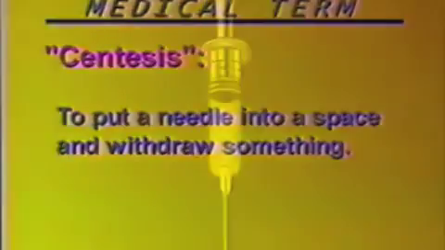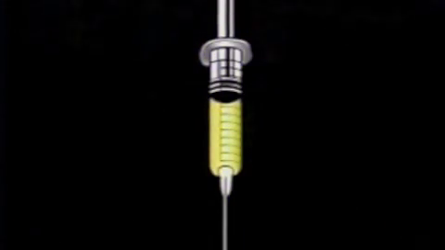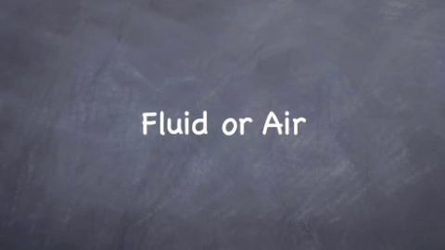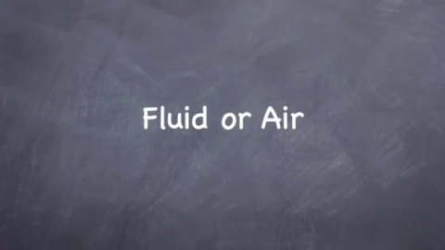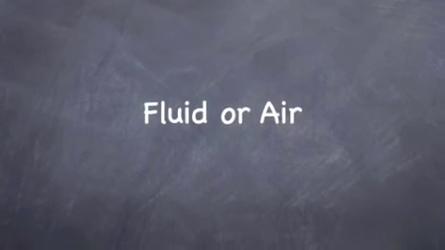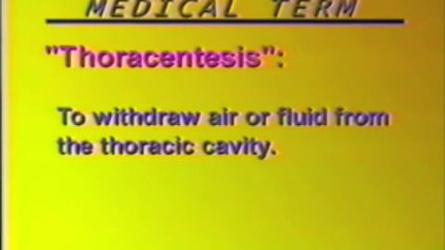The word centesis means to put a needle into a space and withdraw something, whether it's fluid or air. So the word thoracentesis then means to withdraw air or fluid from the thoracic cavity or the chest wall.